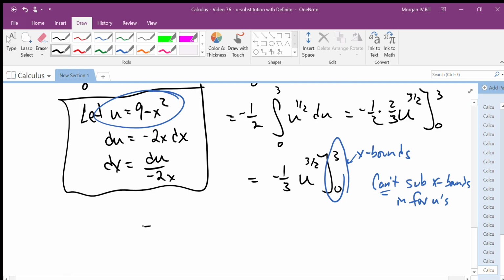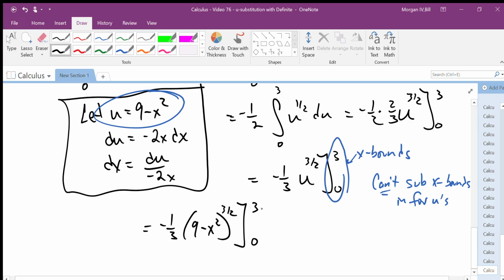This is equal to negative 1/3 times 9 minus x squared to the 3/2 power, evaluated from 0 to 3. Now I have x bounds and I have x's, so I can apply the fundamental theorem of calculus.